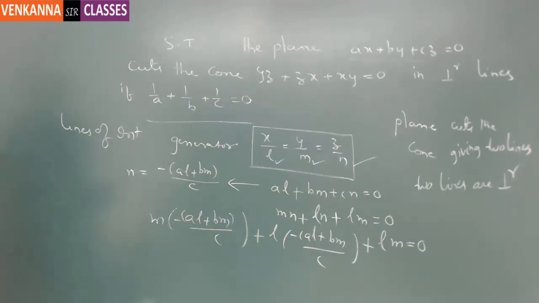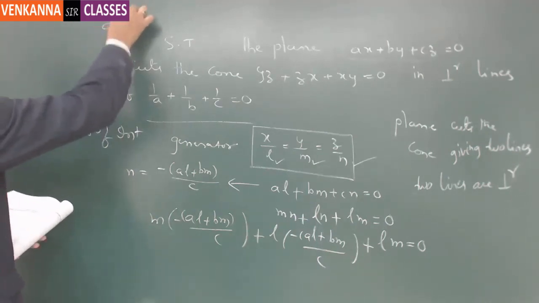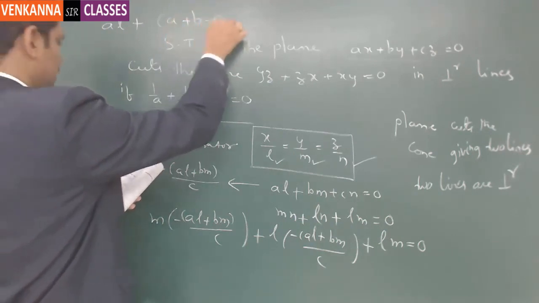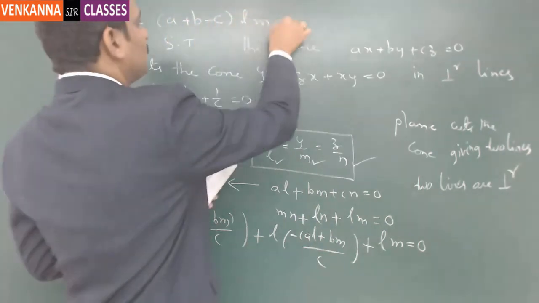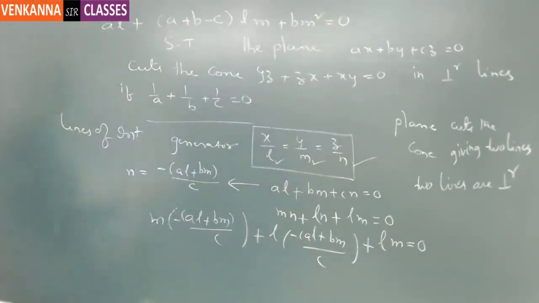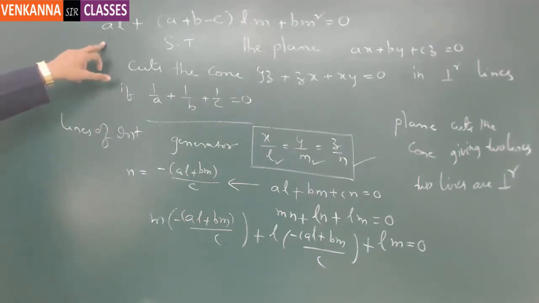Okay, now if you simplify the equation, you will get al square plus (a plus b minus c) lm plus bm square equal to 0. On simplifying this equation, you will get this one. I think the simplification you can do on your own.